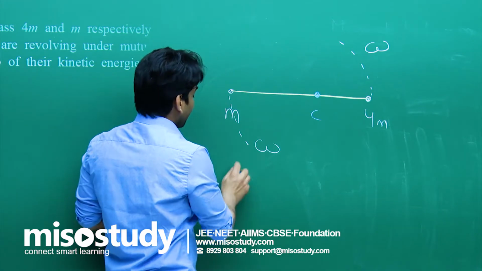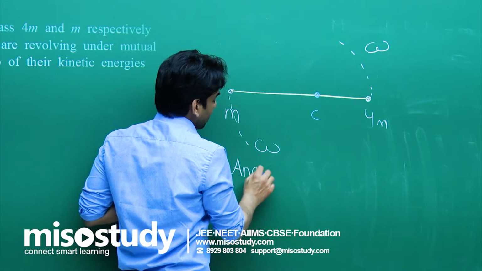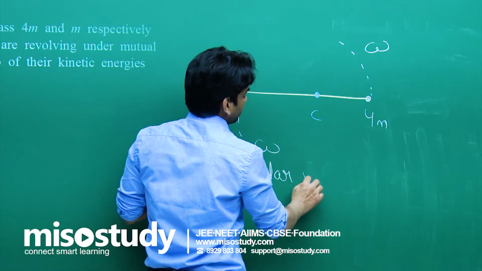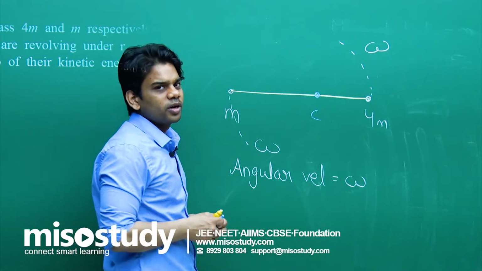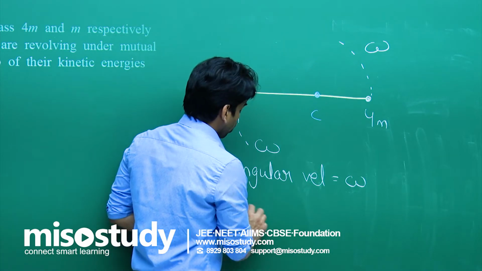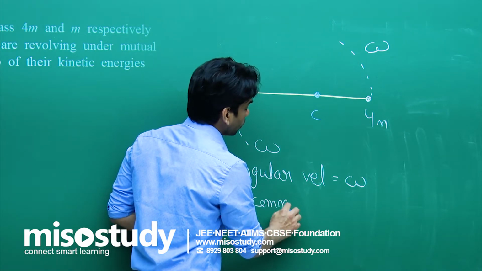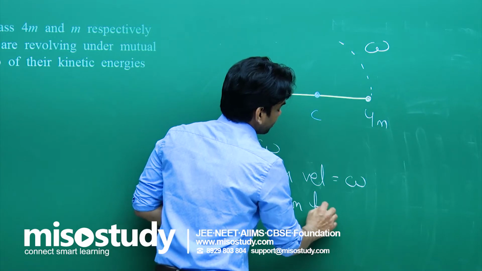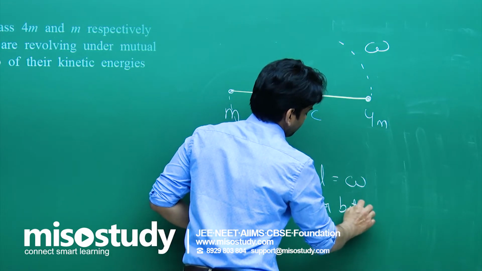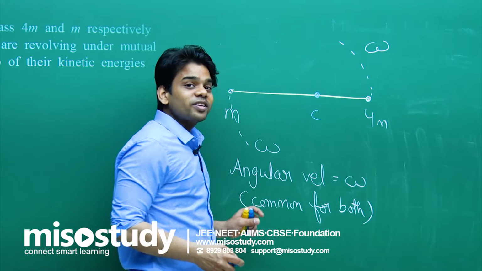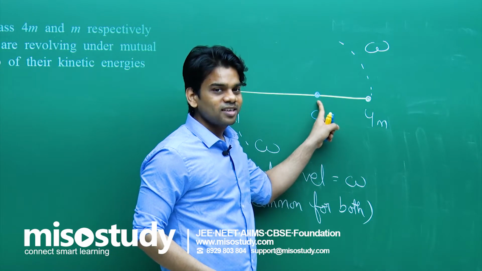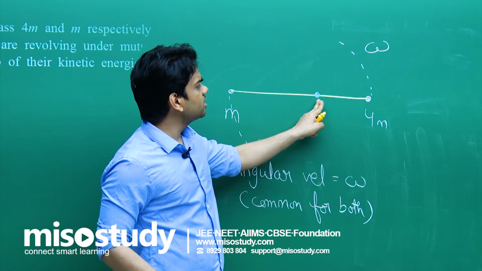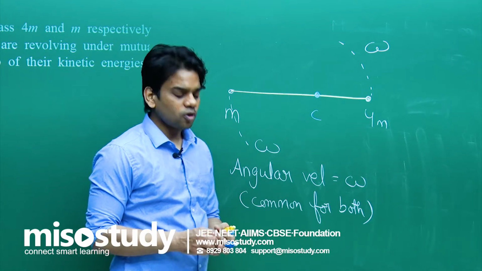So let me write that angular velocity with which they are rotating is given as omega, and that will be common for both the bodies. So you can write down that this is common for both. Next thing, now you try to understand they are rotating about this center of mass. Let us try to find out what is this distance of the center of mass from both the objects.